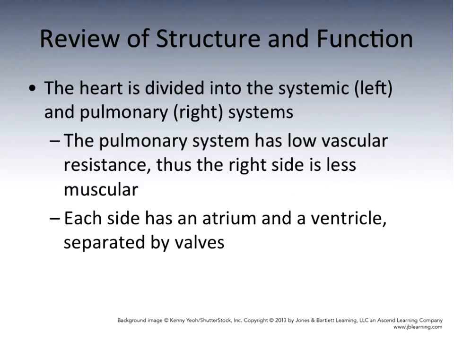When oxygenated blood returns from the lungs to the left atrium, it goes to the left ventricle through the mitral valve, and then the left ventricle contracts and pushes the blood towards the system, towards the aorta through the aortic valve. So that's the complexity.